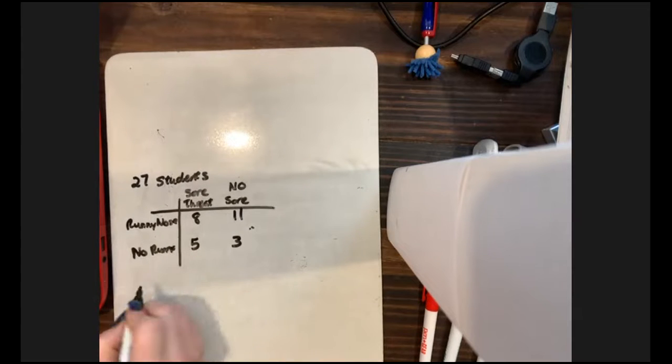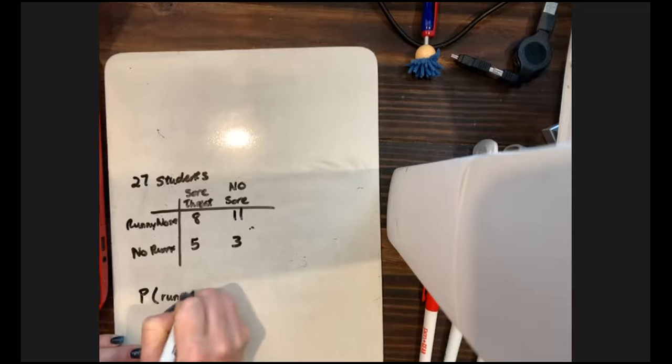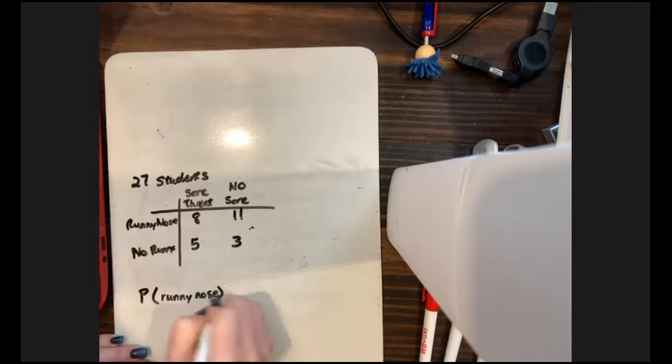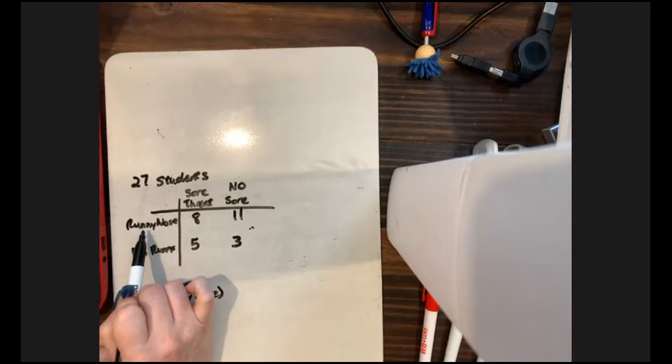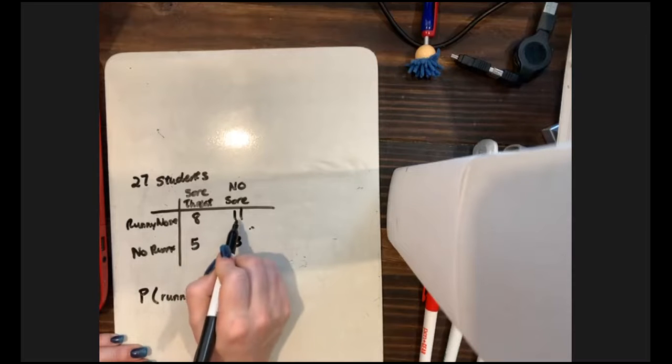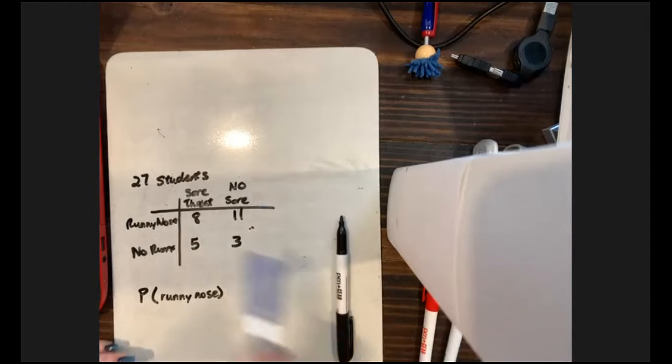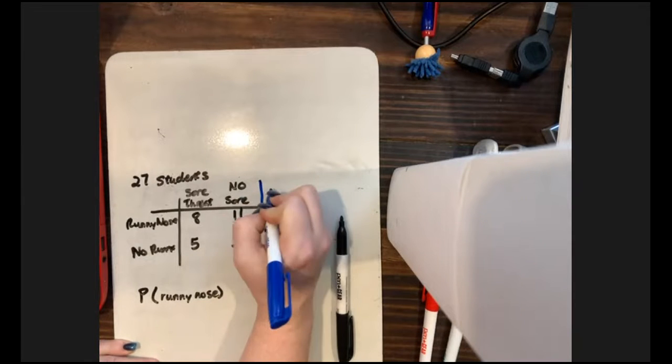It says, what's the probability that they have a runny nose? So we've got to take all of our runny noses. We've got 8 and 11. Sometimes this is called a contingency table, and it's just a way to organize data.